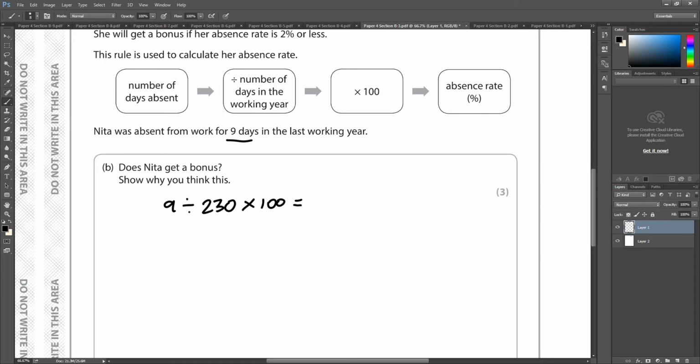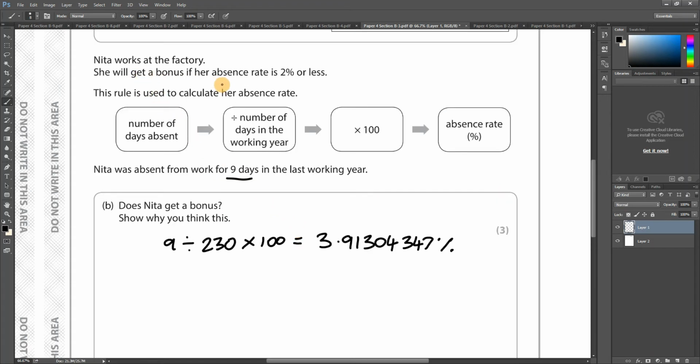Let's stick it in the calculator. 9 divided by 230 times by 100. We get 3.91304, and it goes on forever. Let's write that as a percentage: roughly 3.9%. What did they say?